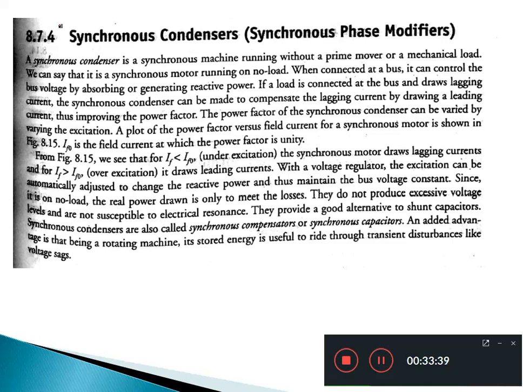If you have changes in reactive power, you have to maintain the constant voltage. With the use of a synchronous condenser, you maintain constant voltage in the system. Due to this, you inject reactive power to the source and load side. That is the main function of synchronous condensers.